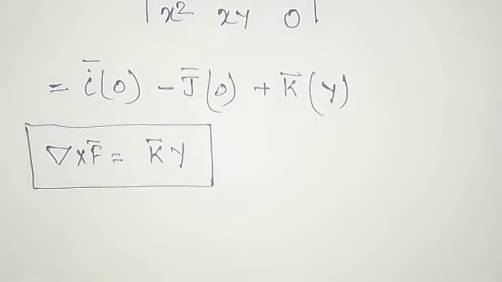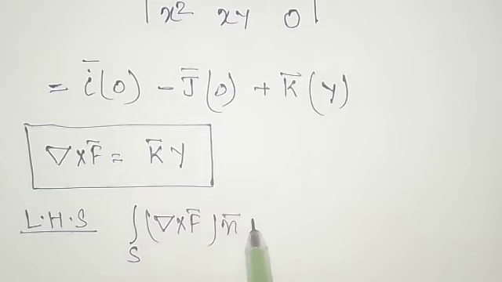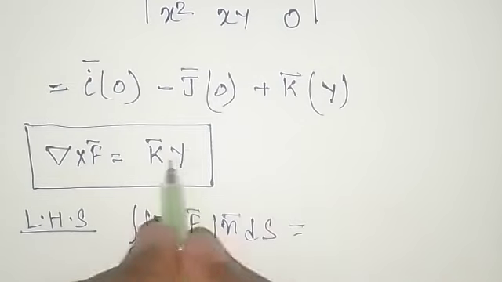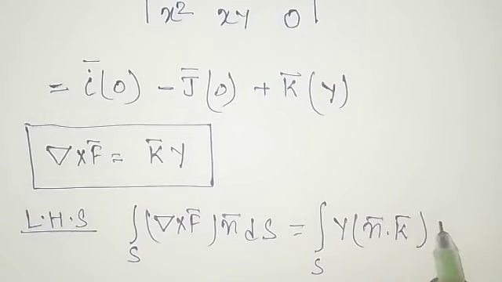So here the left hand side, which means LHS, is the surface integral of del cross f into the unit normal vector n into ds. That is nothing but del cross f, which we just found is ky, right? So this is what we have, a surface integral of y, okay, into normal vector n into k into ds, okay.